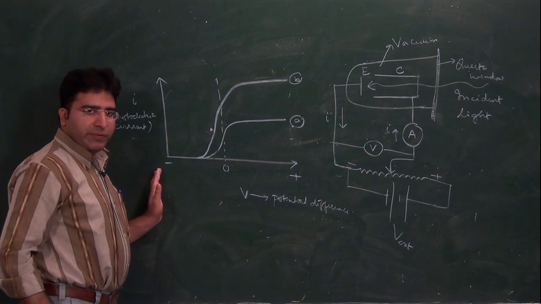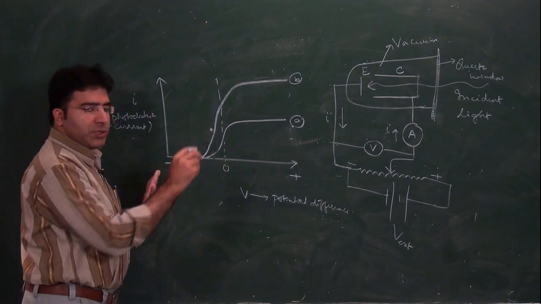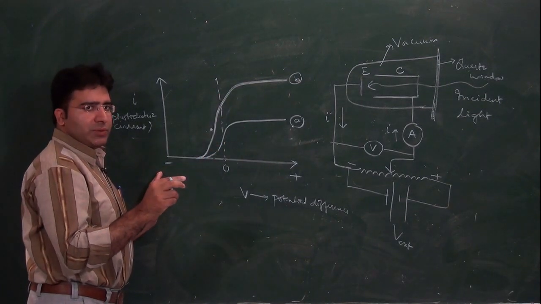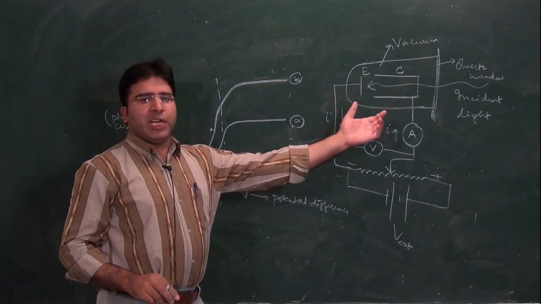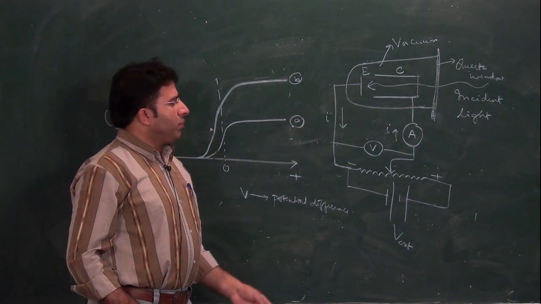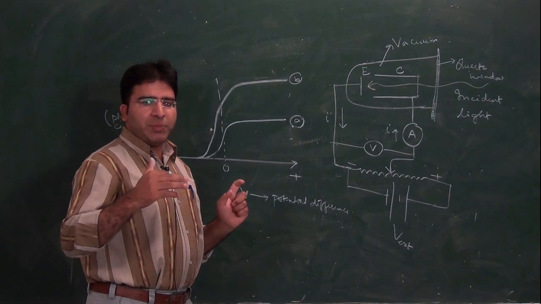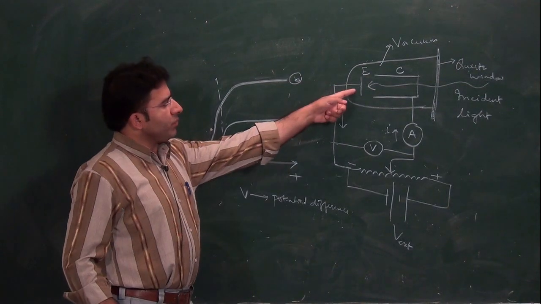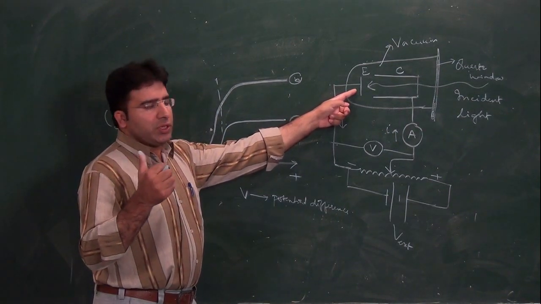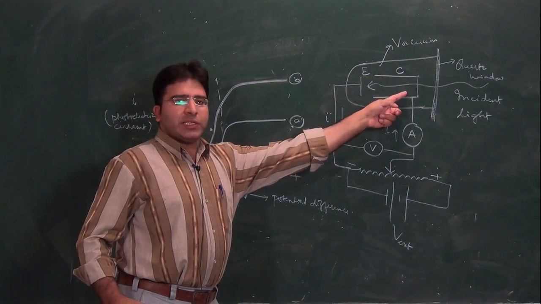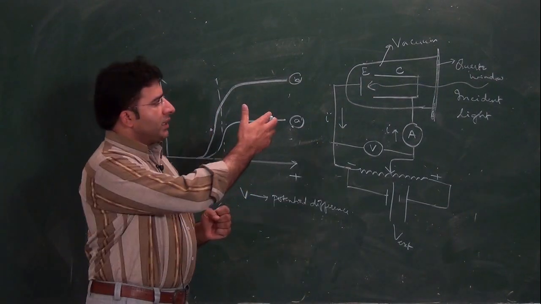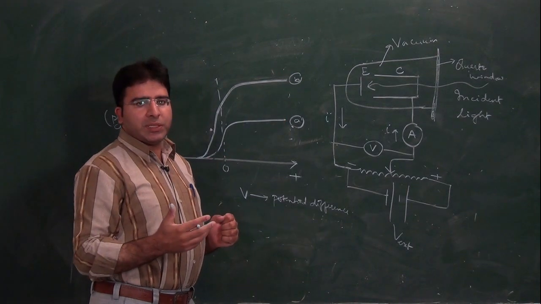In this negative zone of the graph, the emitter is connected to the positive terminal of the battery and the collector to the negative terminal. At that time, what will happen? The applied voltage will oppose the collection of electrons, because when the emitter is connected to the positive terminal, the electron has to overcome the attractive force of that positive charge in order to reach the collector. And when the collector is negatively charged, it will not accept on its own the electron emitted by the emitter.